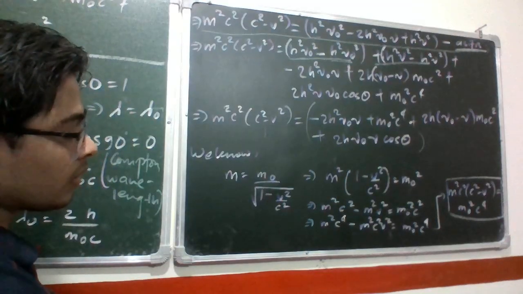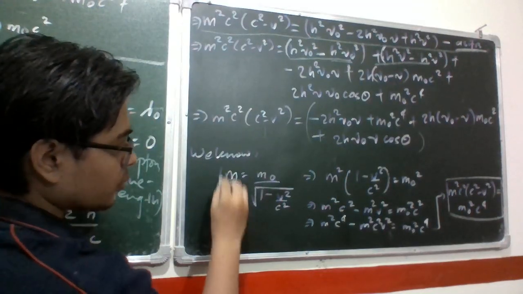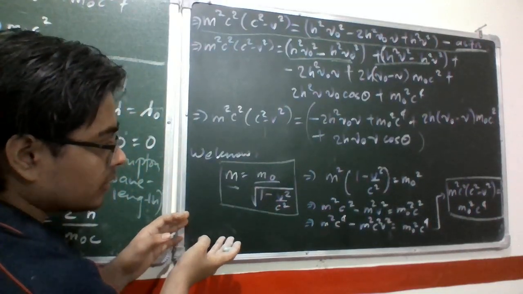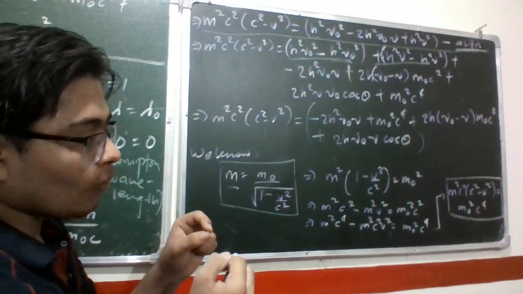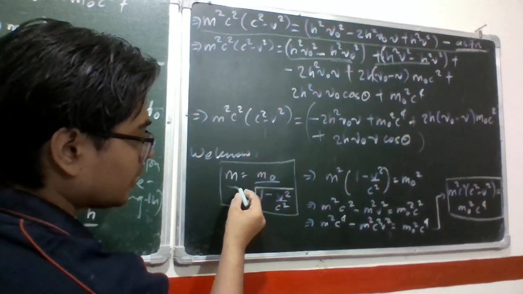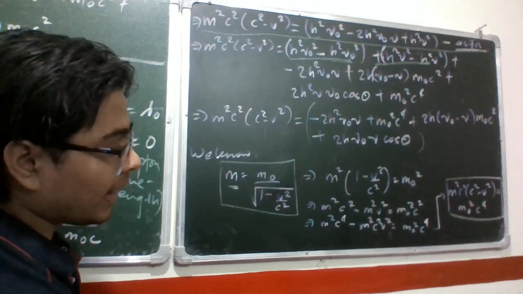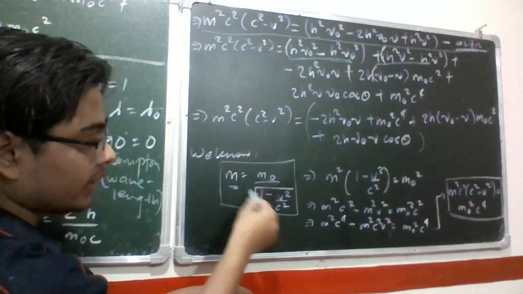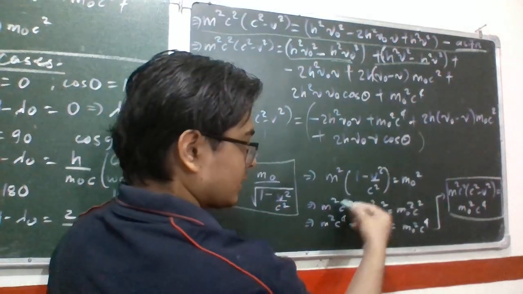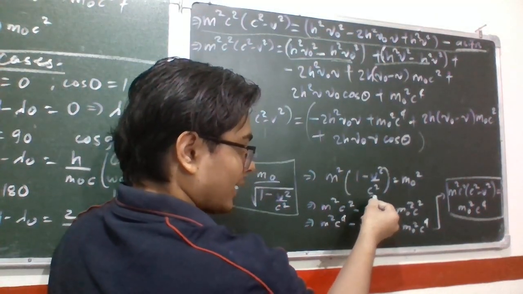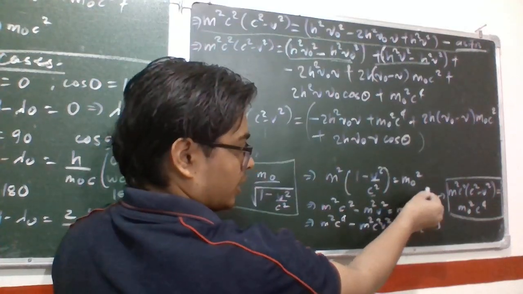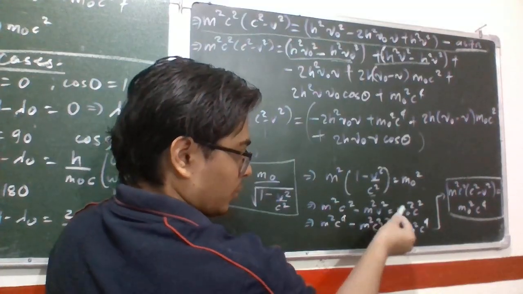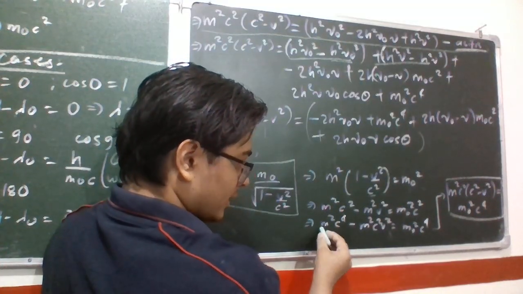equation. Now after that, since we know the relation between the mass and the rest mass, we can find the expression of mass in terms of rest mass. And for that, I squared this equation and I got this. I multiplied c squared to the right hand side and I took the LCM and I got this.